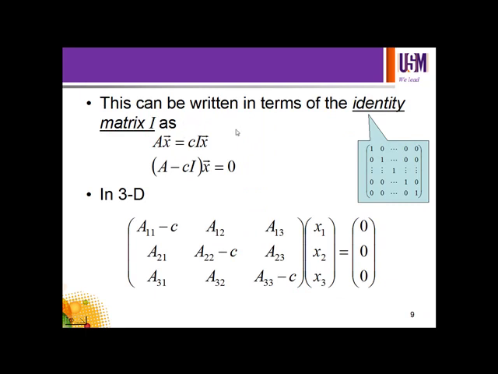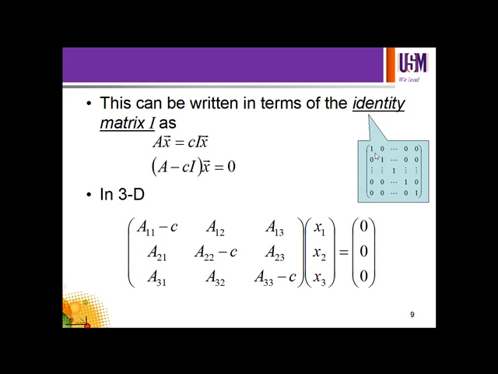This AX equal to CX can be written in terms of the identity matrix I. So to play around with matrices, we can insert I here. It is called the identity matrix I. What is the identity matrix? A matrix with values of 1 on the diagonal and the rest zeros.